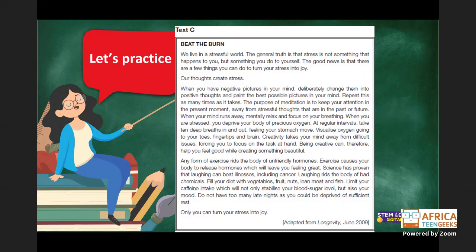Okay, so we've read the question, and then we've read the extract, and hopefully you were able to identify these points. Now we would need to identify these key points.